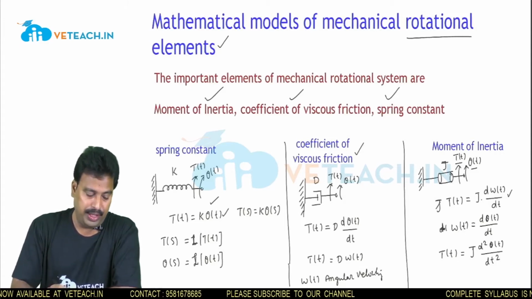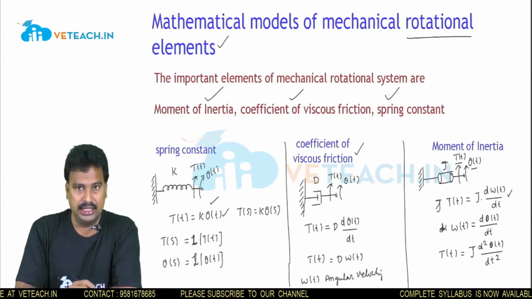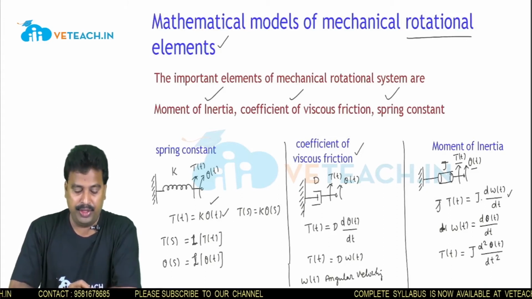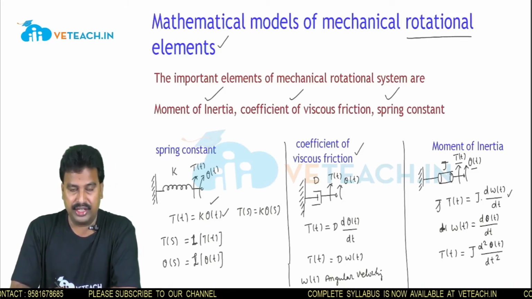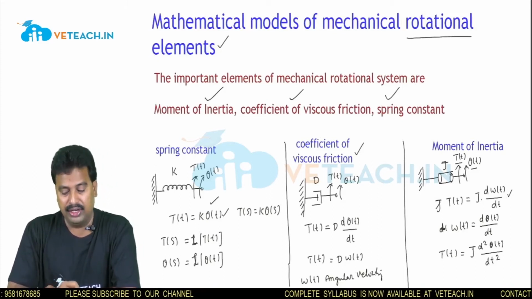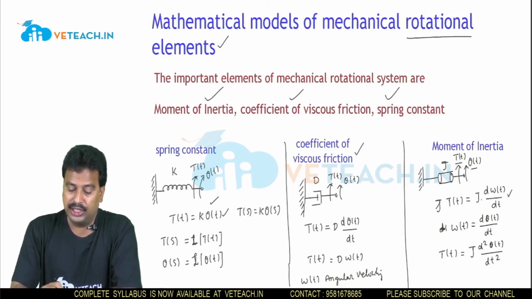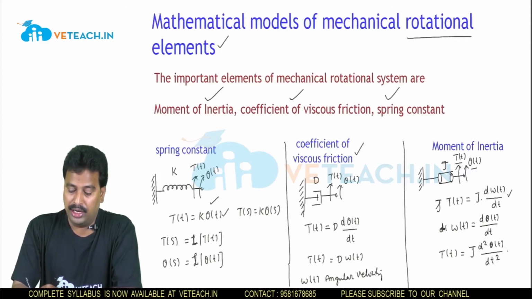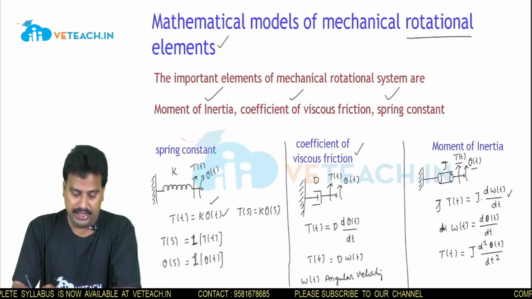That means, for the spring constant, the torque is directly proportional to the angular displacement, whereas for the coefficient of viscous friction, torque is directly proportional to angular velocity, and for the moment of inertia, the torque is directly proportional to angular acceleration or rate of change of angular velocity.